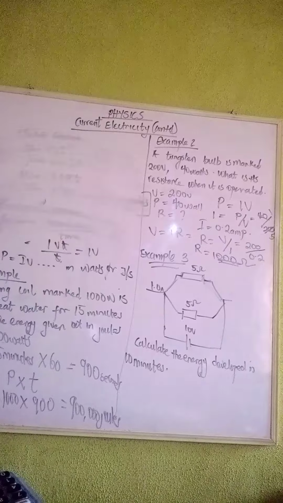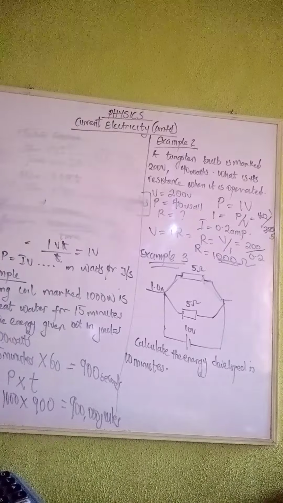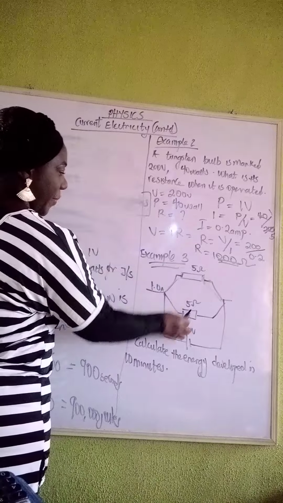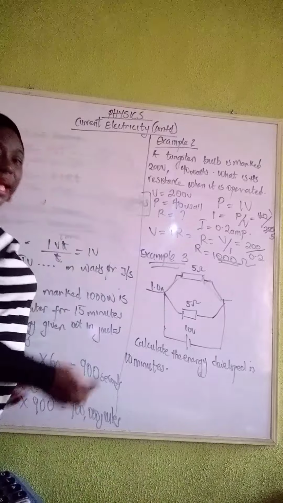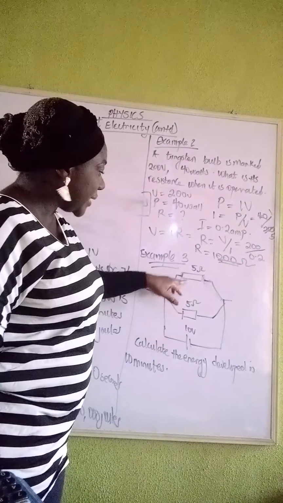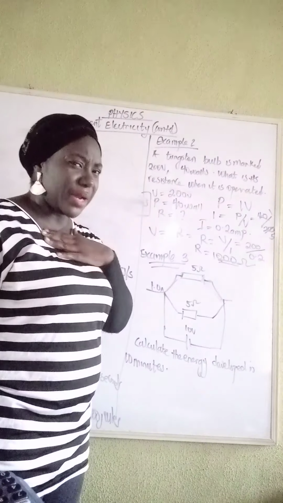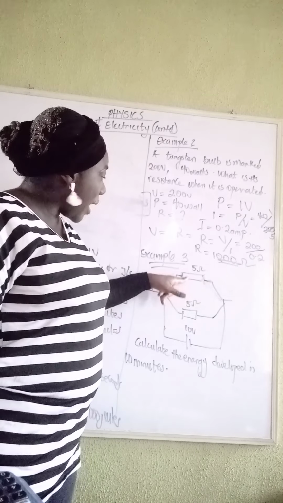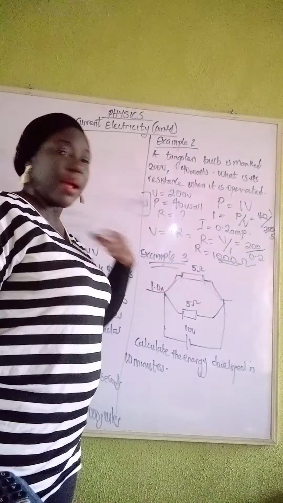Look at the question properly. This is a circuit, and we were given different parameters. Last class, I told you about the arrangement of resistors like this. If your resistors are arranged like this, they are arranged in parallel.